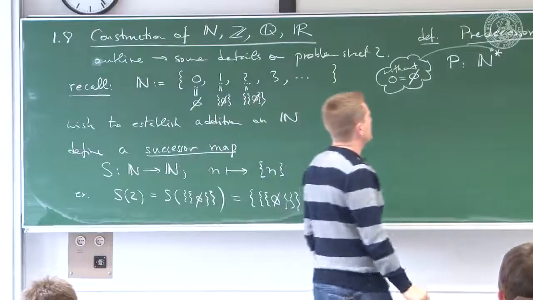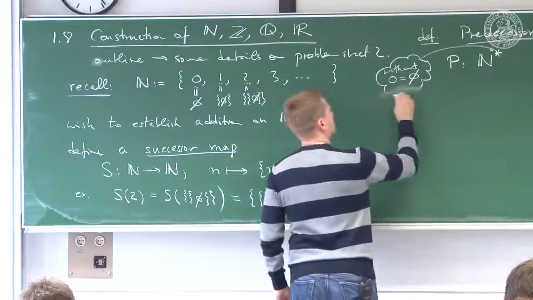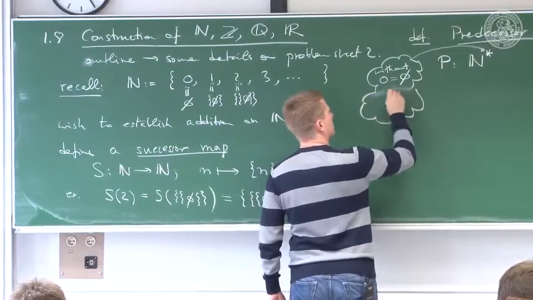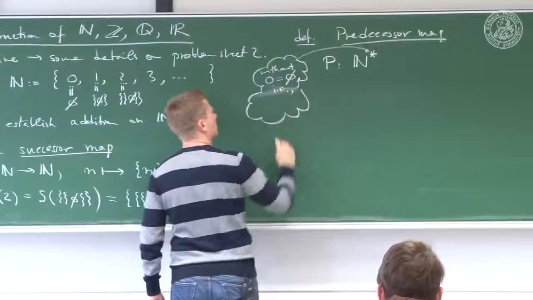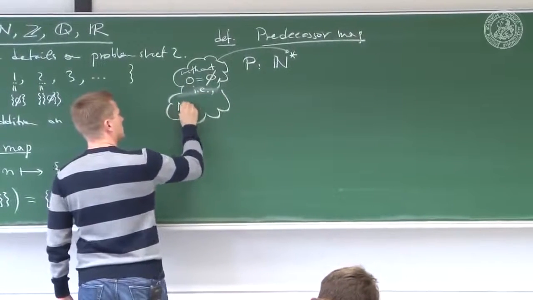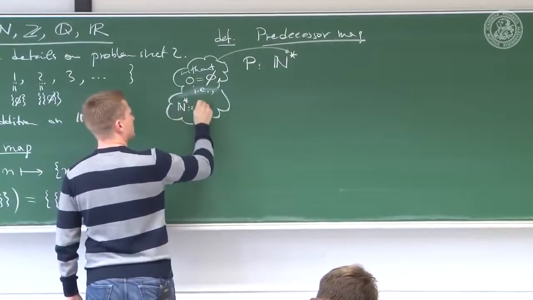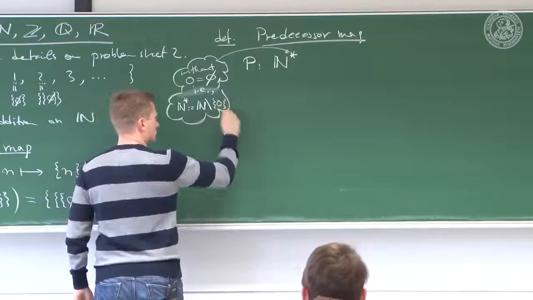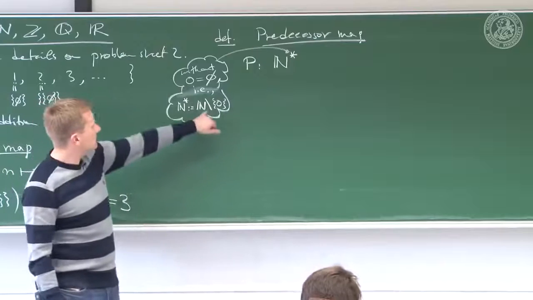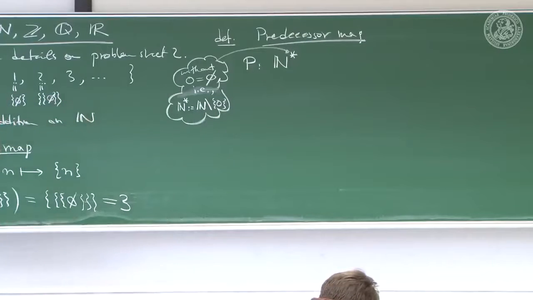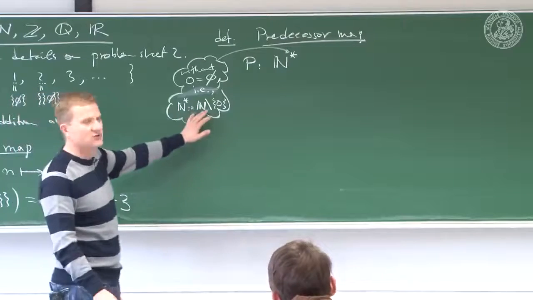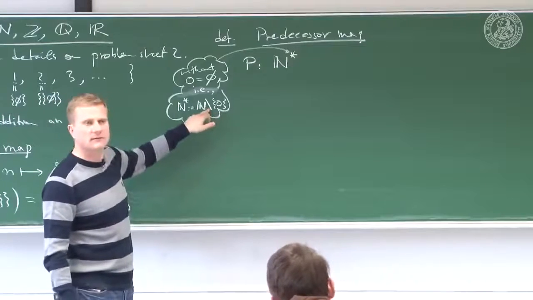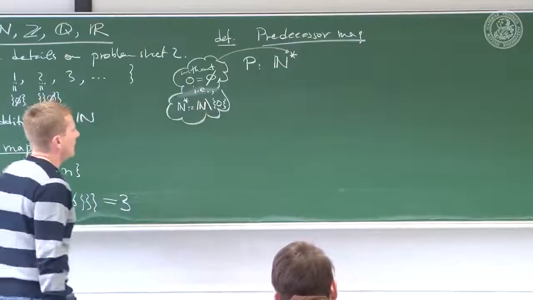Take this one out. So, well, if you want to be set theoretically precise, N star is defined as N without this guy and this complement. Did we define it in the lectures? I think we did. Yes. Otherwise, it's on the problem sheet. This symbol here. We did. Okay.